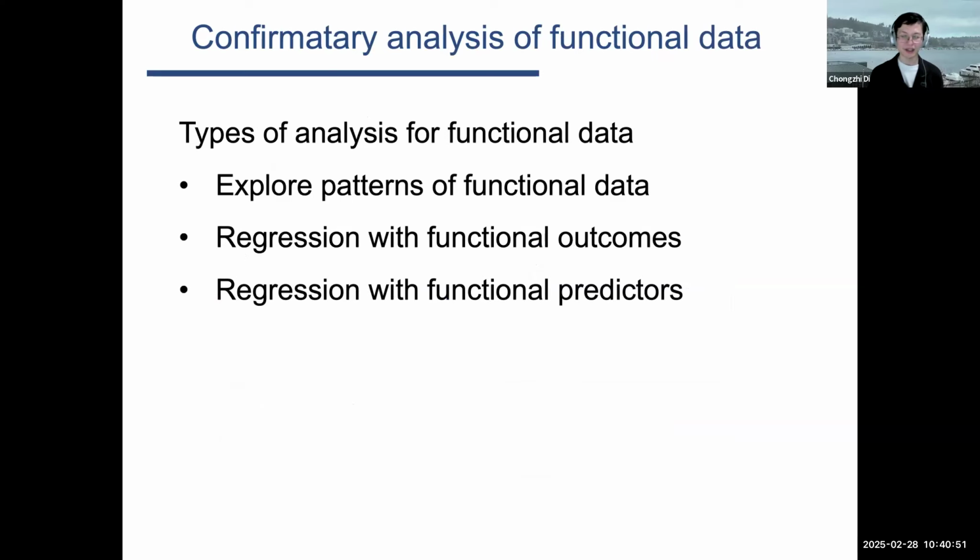These trajectories may serve as an outcome. You might want to see how patterns differ among different subpopulations. You might also be interested in using these patterns as predictors of outcomes. Among individuals with certain trajectories, how do they predict certain outcomes, right?